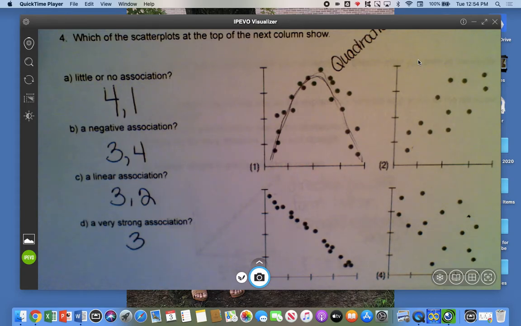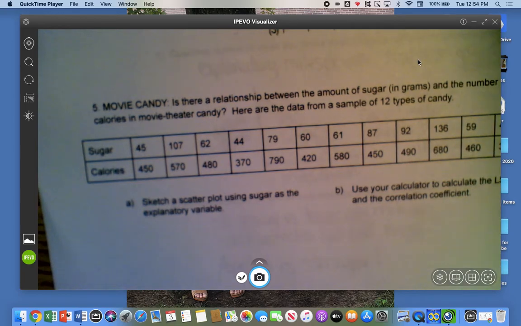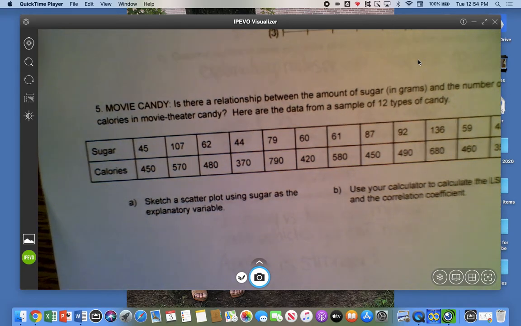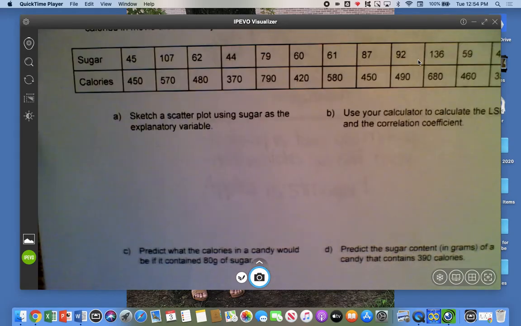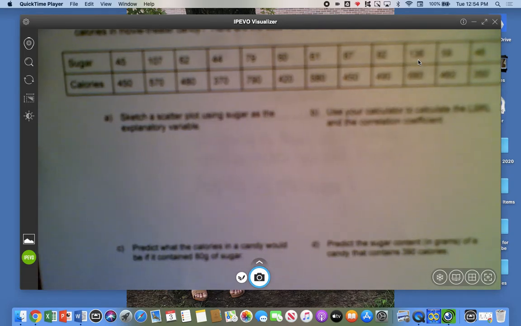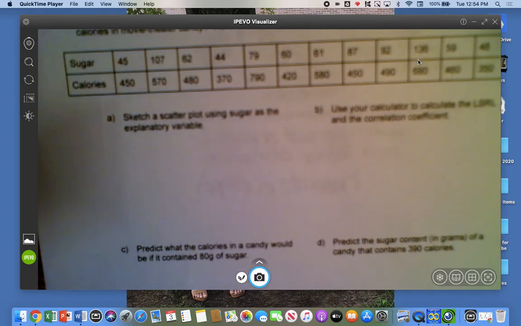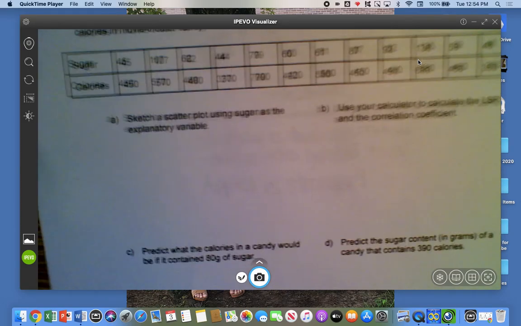For question 5, we are moving on to our little movie candy example. We are going to look at candy and compare the sugar content and the calories. Okay, I need to know, what's your favorite Halloween candy?